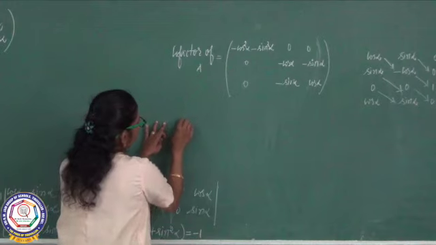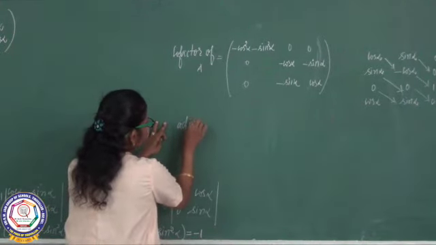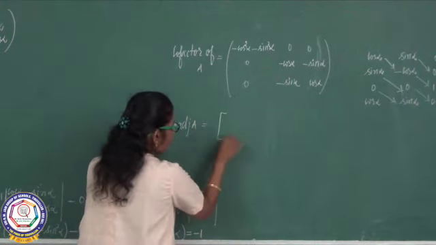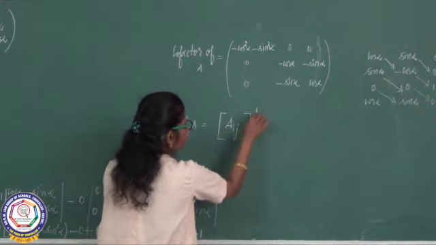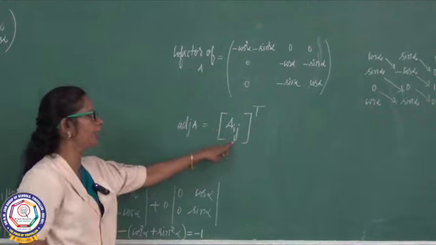Adjoint of A is equal to the transpose of the cofactor. Cofactor, I told you already, is denoted by capital Aij.